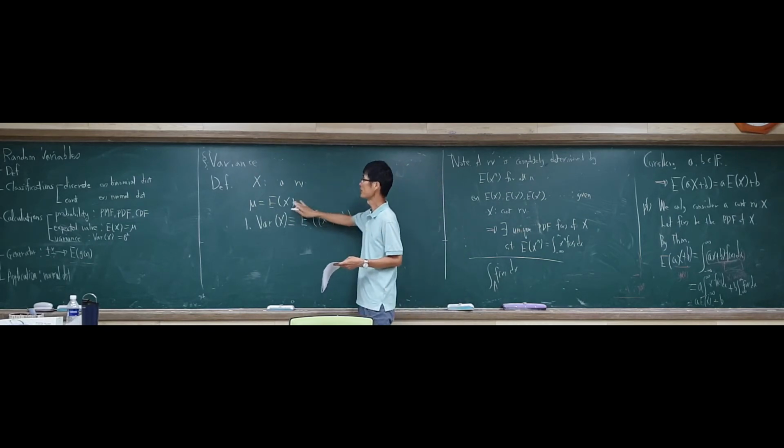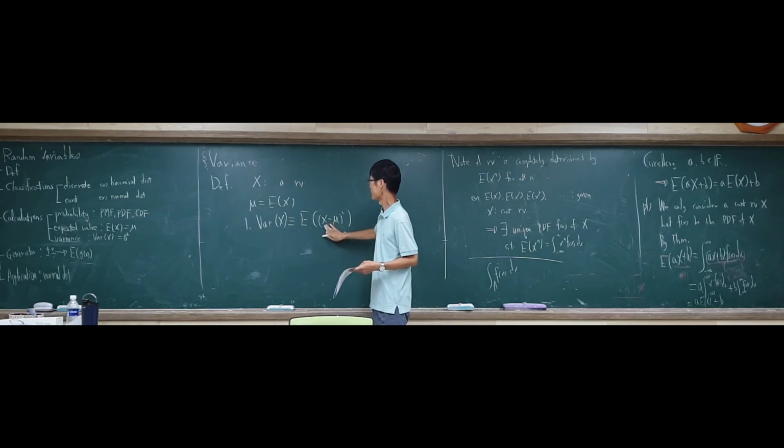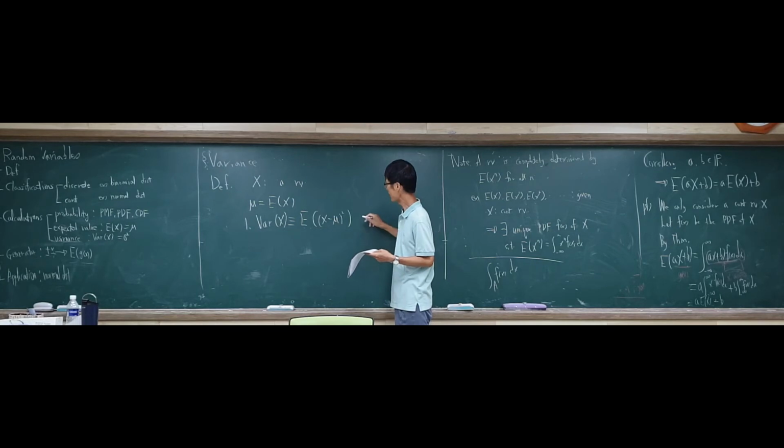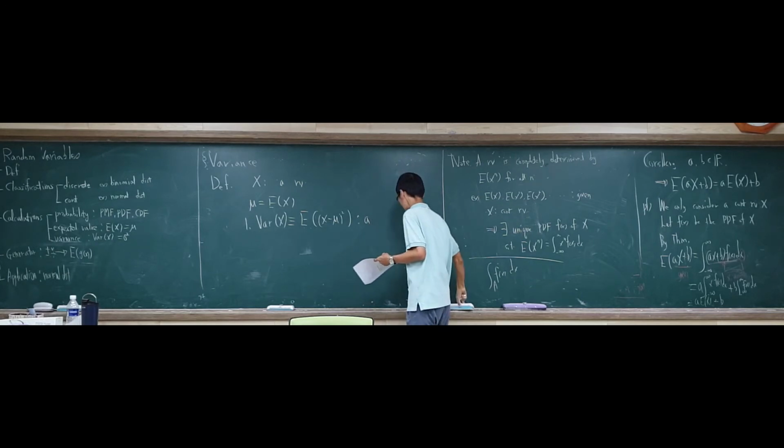So if X is given, then mu must be a constant, and (X minus mu) squared is a new random variable, and if you calculate its expected value, then it must be some constant, and it is called the variance of X.